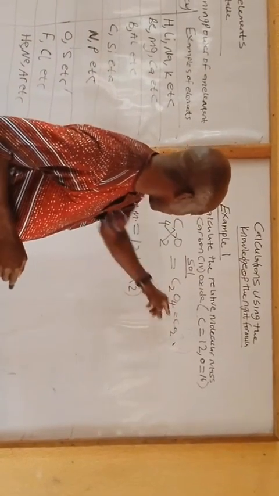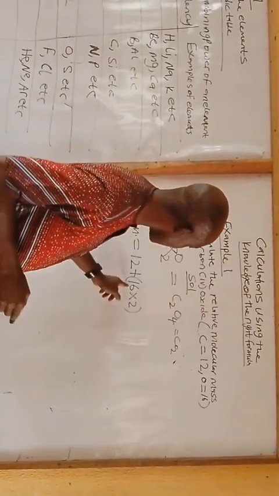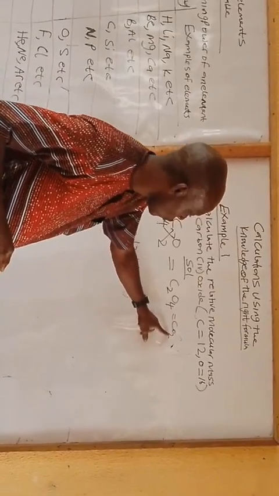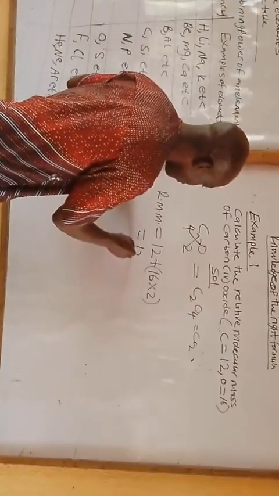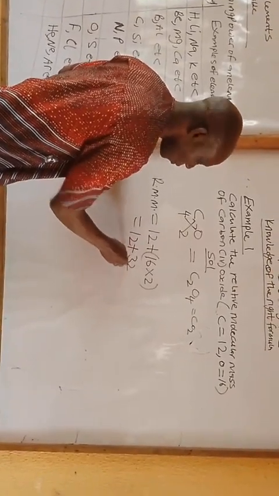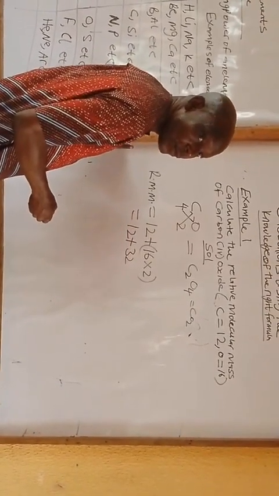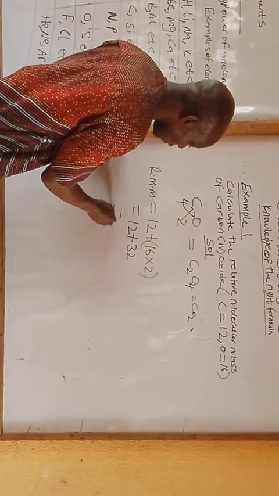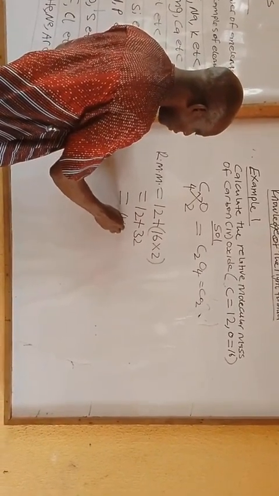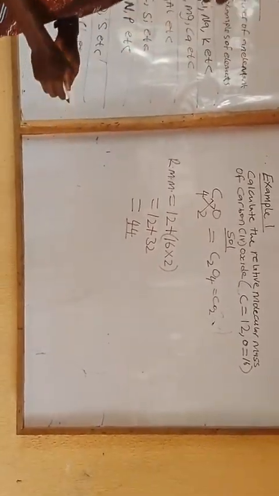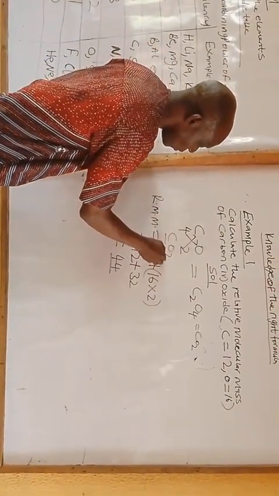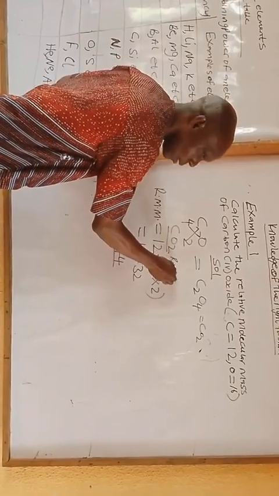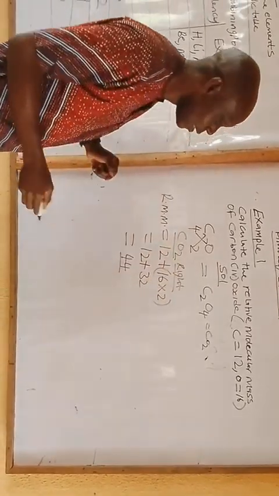Relative atomic mass of carbon is 12, of oxygen is 16, but you have 2 here. So 16 times 2 will give you 12 plus 32. 12 plus 32 will give us 44. So the relative molecular mass is 44. This is the right answer for CO2.